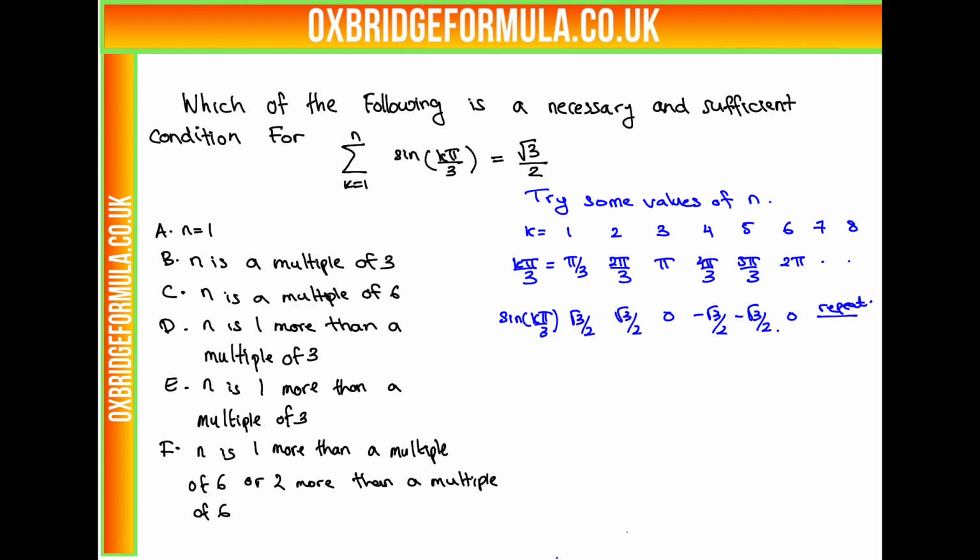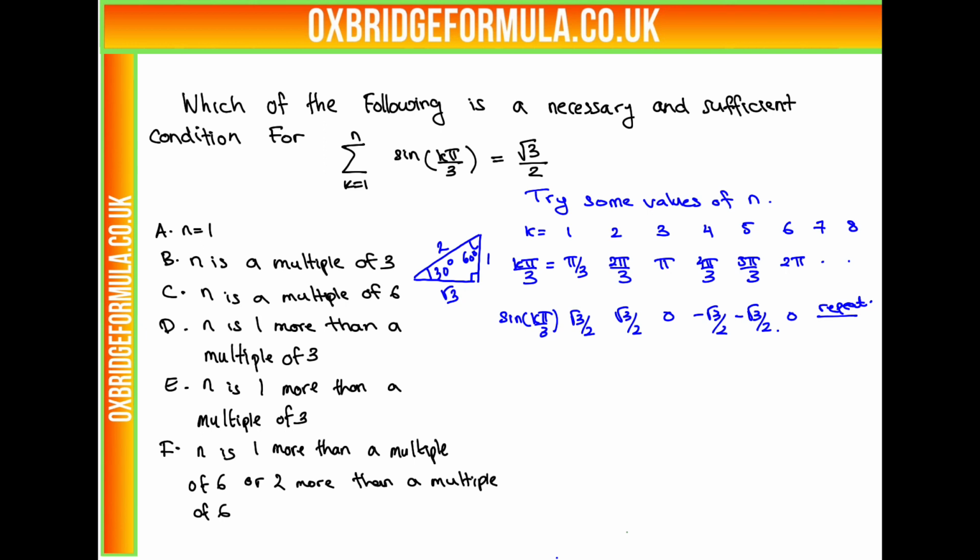You should recall that from your 30, 60, 90 triangle. The 30, 60, 90 triangle has these side lengths, so sine of pi over 3, which is sine of 60, is square root of 3 over 2.